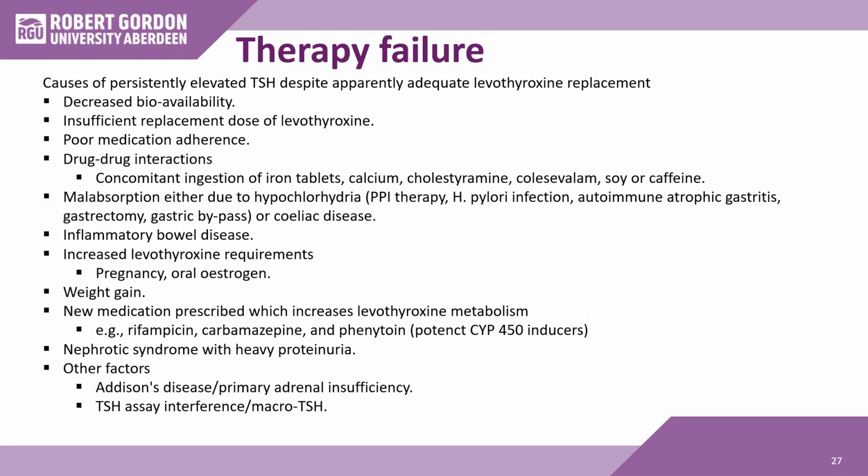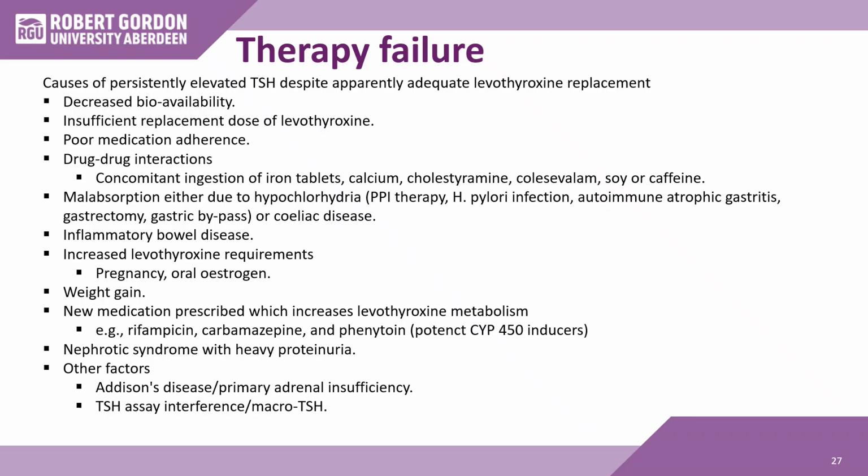Sometimes therapy failure can occur when somebody is taking levothyroxine, where the TSH remains elevated. Common causes could include, first and foremost, poor adherence. If they're not taking the medication, then they will not get better. But there's also decreased bioavailability, insufficient dose, drug-drug interactions, and malabsorption, especially in people on PPI therapy. Achlorhydria could be a cause, or even celiac disease or IBD.